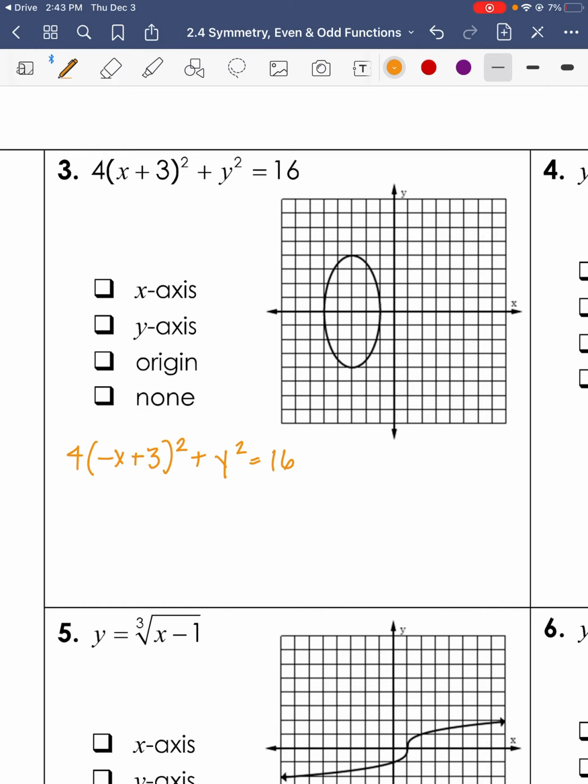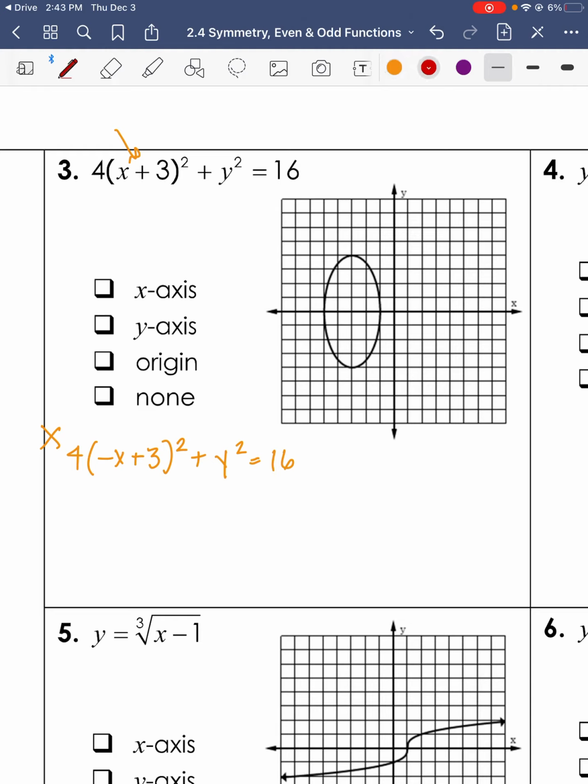There's not really a lot we can do here without doing a lot of work, but you can see that this is not going to end up being the same. If we do x plus 3 squared and negative x plus 3 squared, it's going to change the signs. So we automatically know that this is not the same equation without doing anything else.